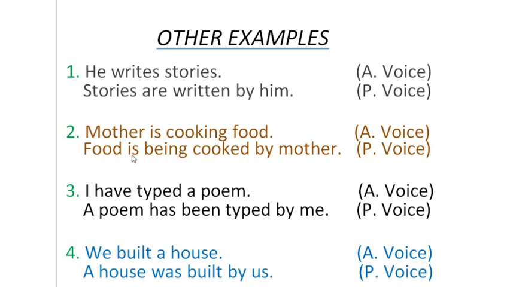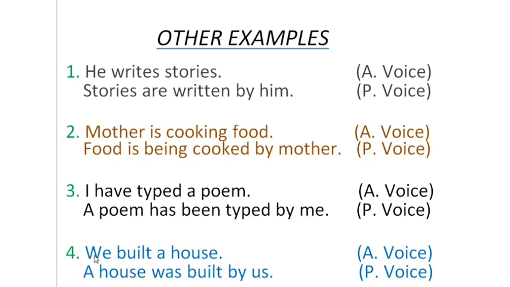OV food is, am or are plus being plus TFV cooked by mother by phrase. Number 3, present perfect form. I've typed a poem. Active voice. Passive voice is a poem has been typed by me. OV a poem, have or has plus been plus TFV typed by me by phrase.